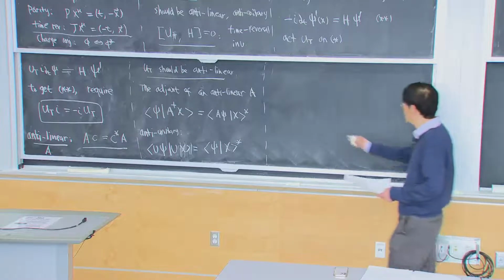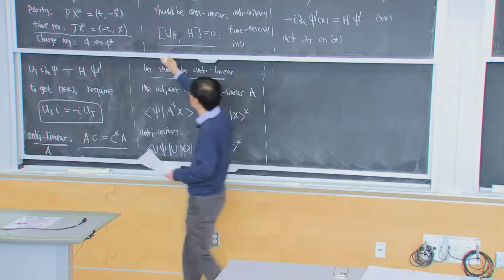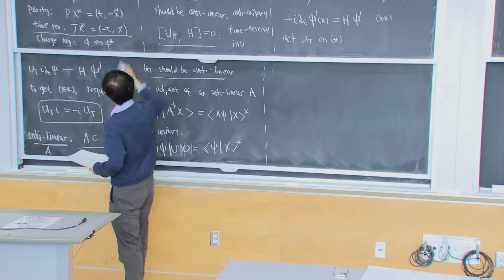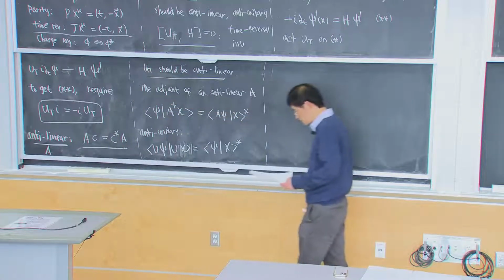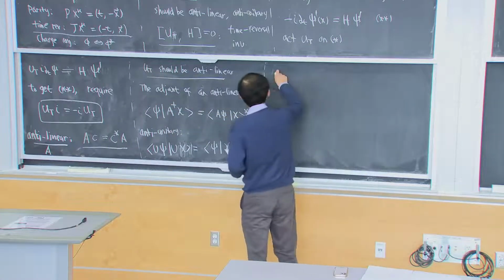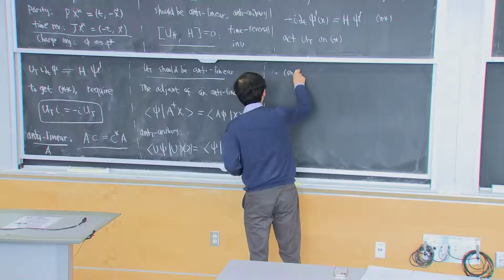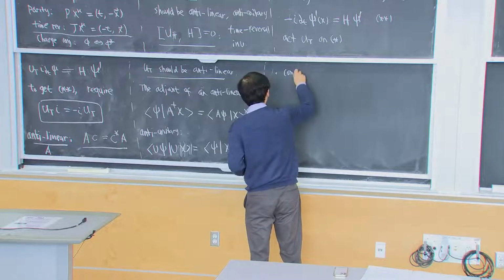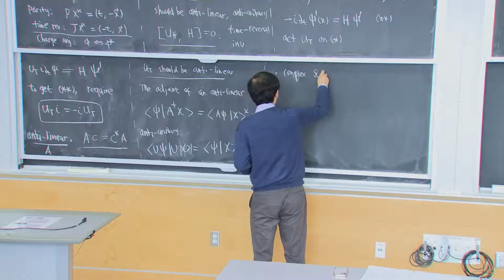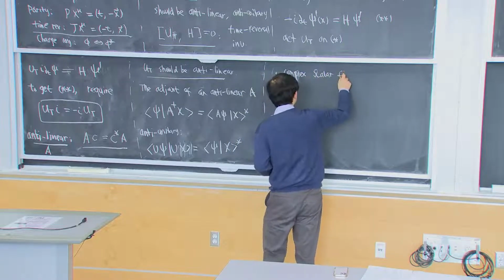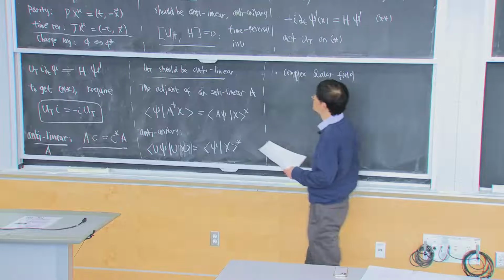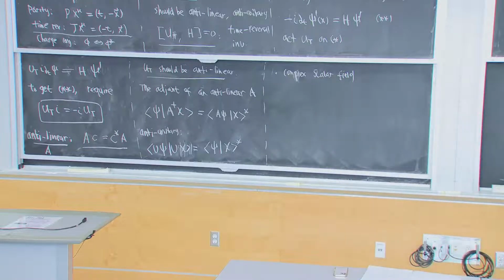Now let's look at the quantum version of those symmetries in quantum field theory. First, as a warm up, before the Dirac theory, let's do it for complex scalar fields, which is much simpler.